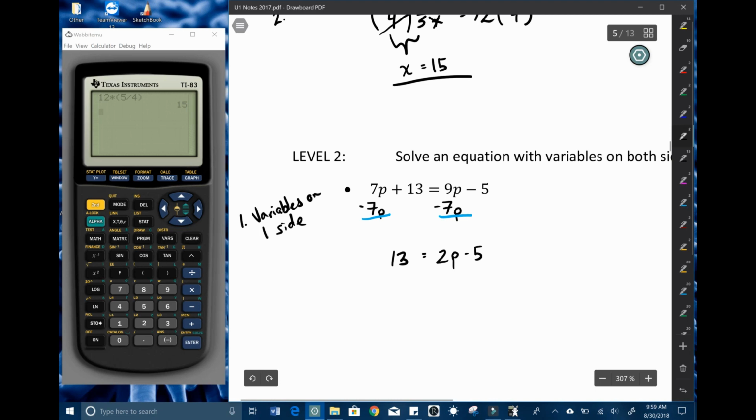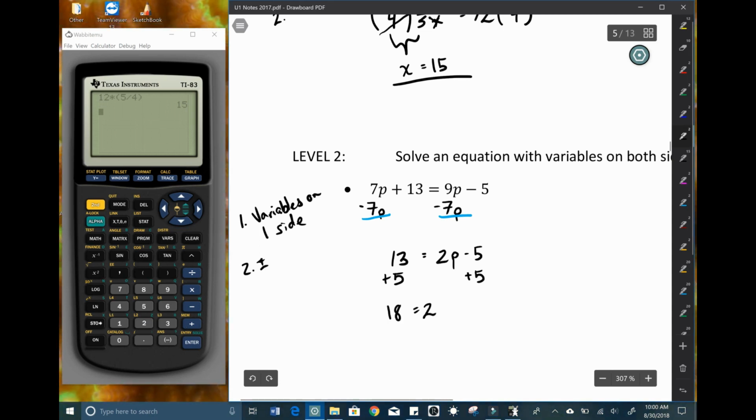From here, we're going to repeat. So next we will add or subtract, and we'll add 5. The opposite of subtract is adding 5. So we have 18 equals 2p, and then we will multiply or divide, dividing each side by 2.